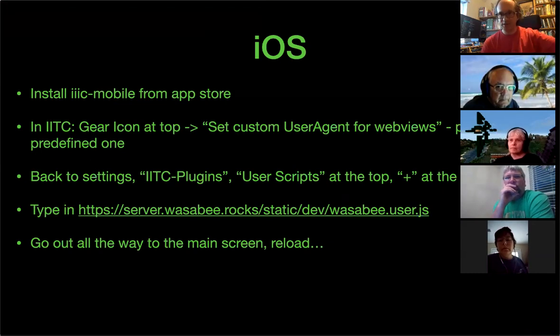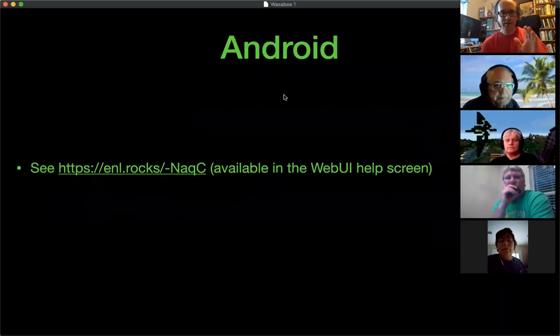That way Google lets you log in, which is why that setting's even there in IITC. Go back to your settings, go to the user scripts, click the plus button, type in the URL for the version you want to use. It installs, you go out to the main screen, you can reload, you're good.